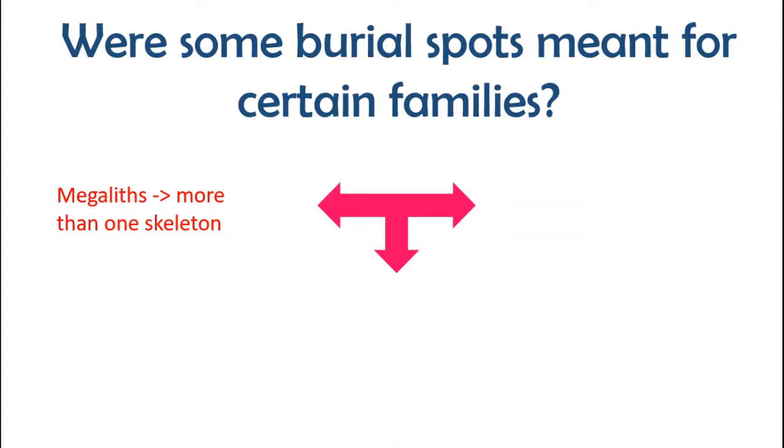And this indicates that people belonging to the same family buried their dead in the same place, but not at the same time. Whenever a person died, they buried that person in the same place where another person of that family had already been buried.